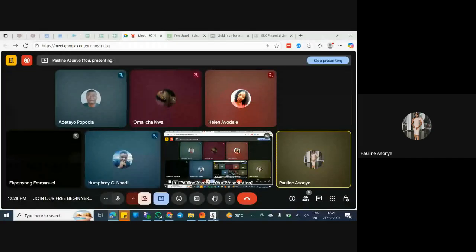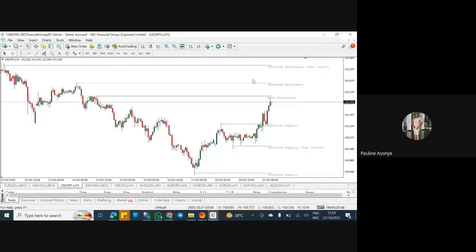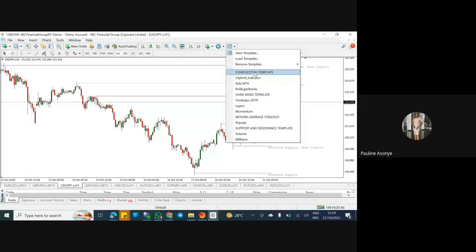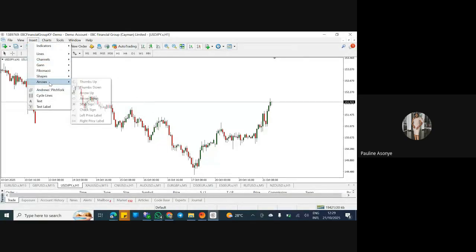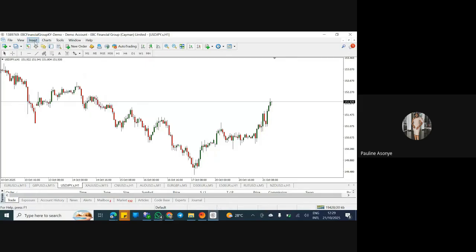So if you remember when I said this, there is an indicator that helps us simplify all our resistance and our supports. Normally on a plain chart, you can do that as well, because I know when Chisom is teaching, you usually use those shapes, rectangles, to mark out resistance and support zones.